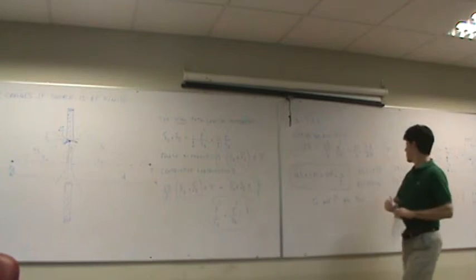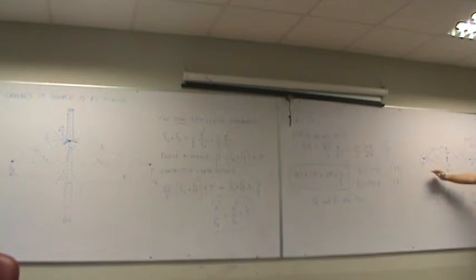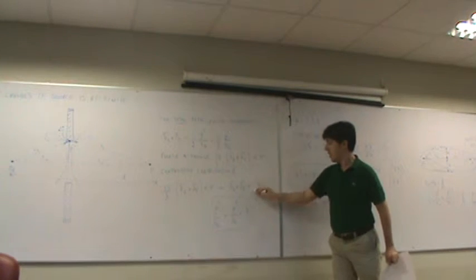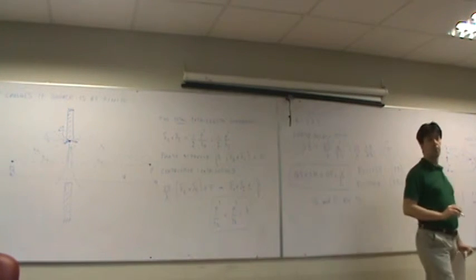So the perimeter of the ellipse are the points for which the difference in path length is lambda divided by 2.